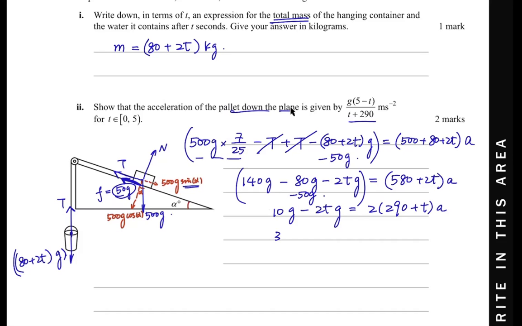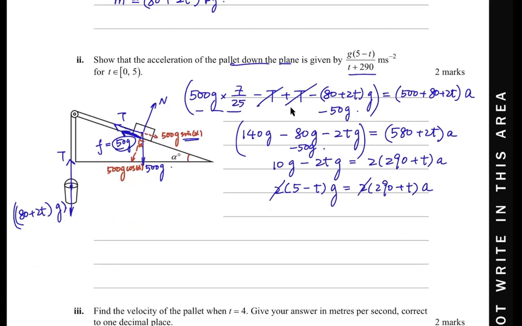So you should have instead this one braced, 10G minus 2T. Here you should have 2, 5 minus 2T, minus T times G, which is 290 plus T times 8. And cancel them out. A is G 5 minus T divided by 290 plus T, okay?